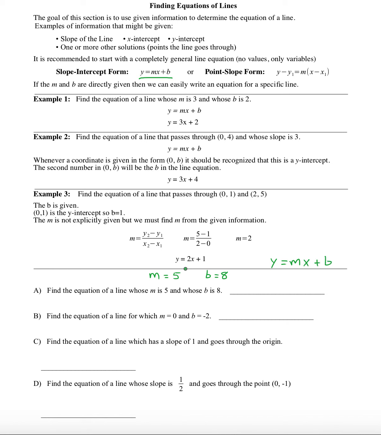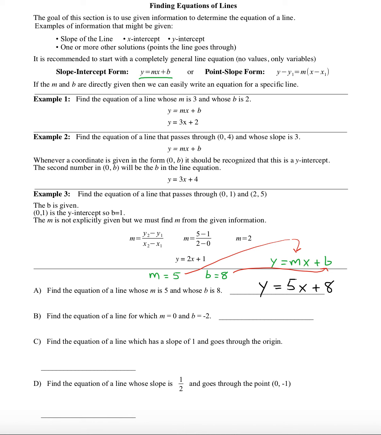So our whole approach here is going to be to plug in the m of 5 and the b of 8, creating a line equation y equals 5x plus 8. The variables stay as letters, y and x, but the m and the b, since we know their numbers, we want to fill those in.